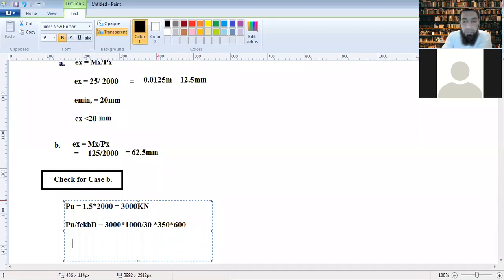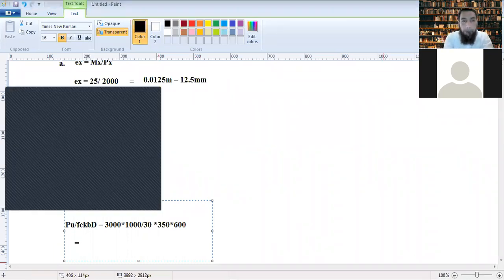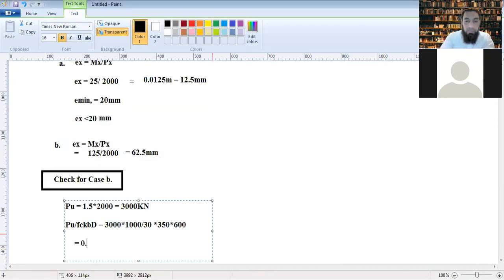Then this would be equal to 0.47, 0.48. This is equal to 0.48.